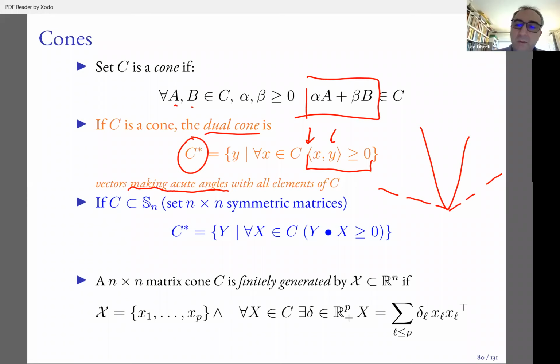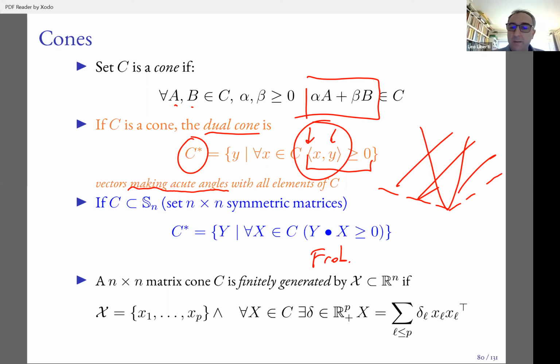This would be the dual cone. Now, C is a set of matrices here, so instead of having to deal with an inner product in a Euclidean space, we use the Frobenius product, where I remind you, it's the trace of Y transpose X.